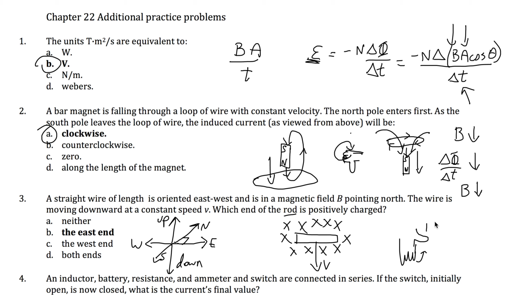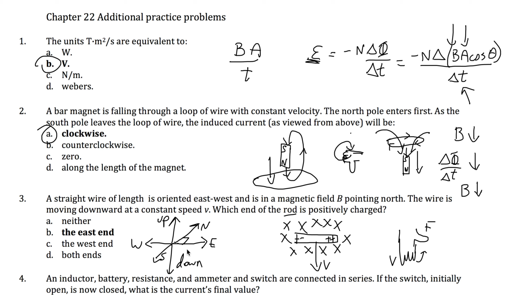So the thumb is the force, right? V was the fingers and we folded. That means that the positive charges are experiencing a force to the right, because this right hand rule is for positive charges. So the positive charges end up over here, and the negative charges experience a force to the left.